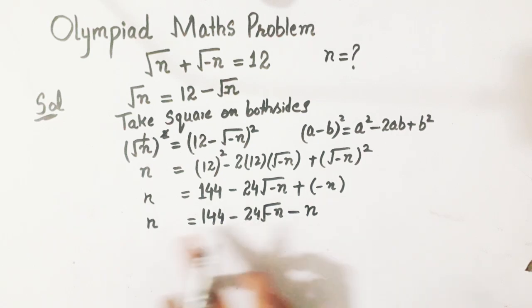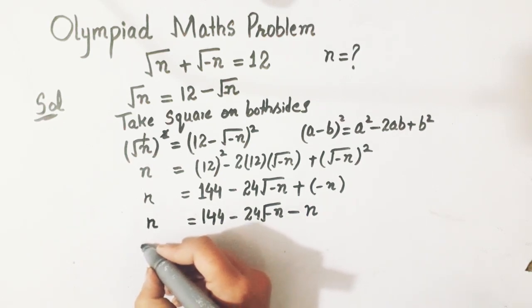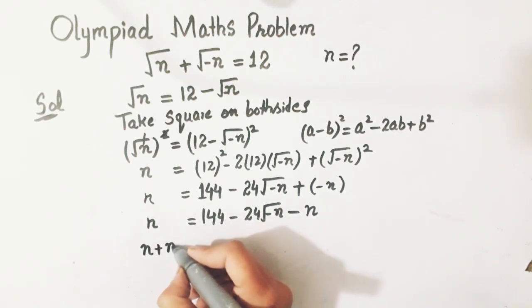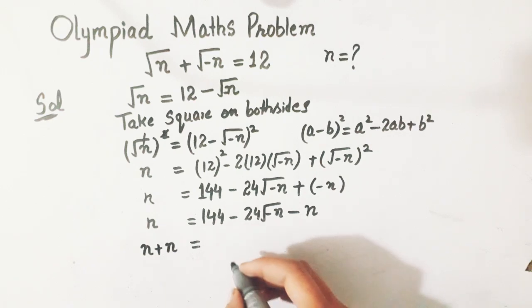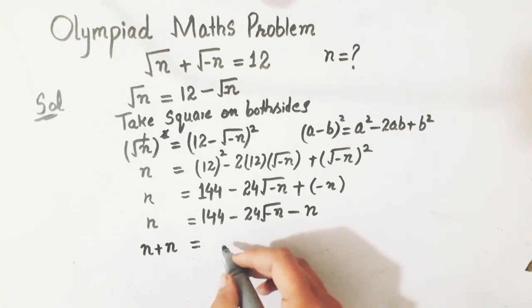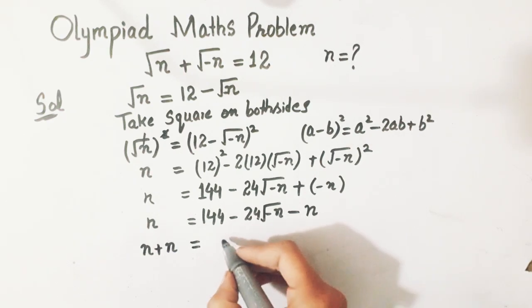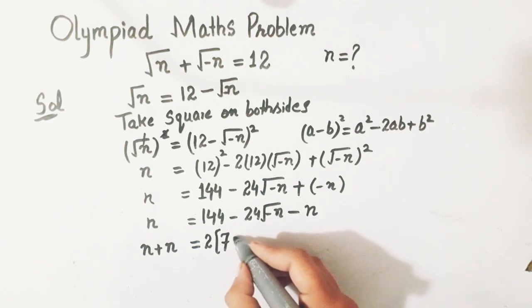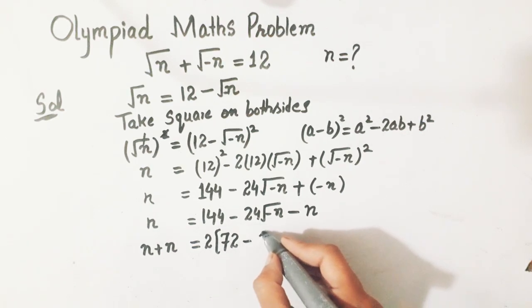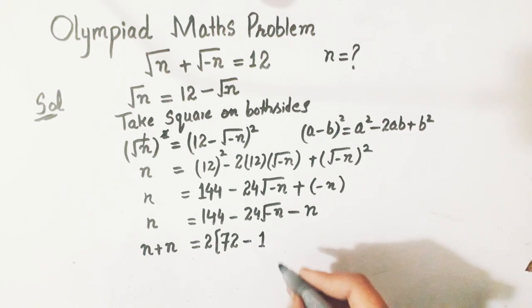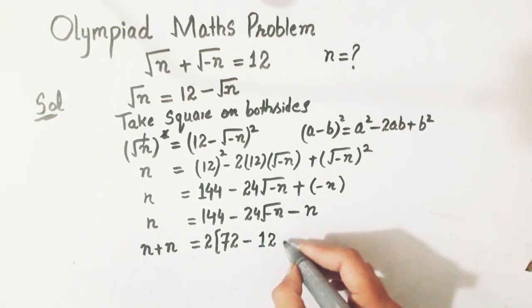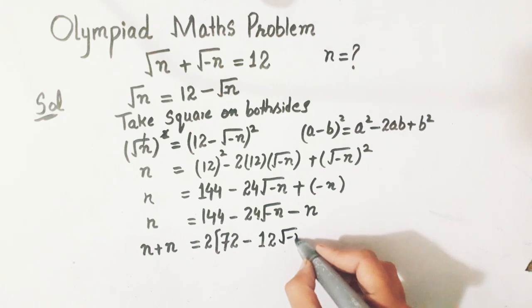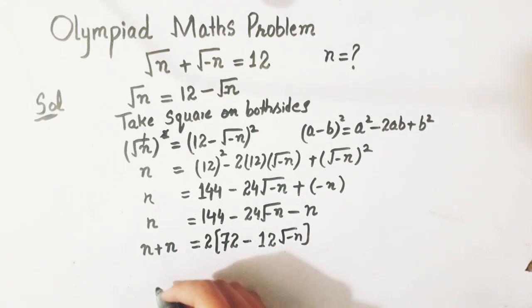Now this n is subtracted, it will be added. So n plus n, and this side we have, take 2 as common from this. So we get 2 sevens are 14, 2 twos are 4, minus 2 ones are 2 and 2 twos are 4 root of minus n. So n plus n will be 2n.